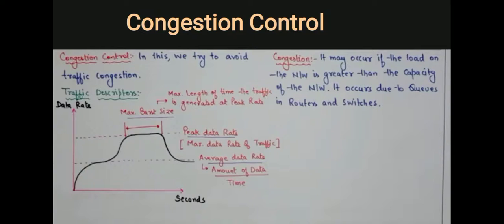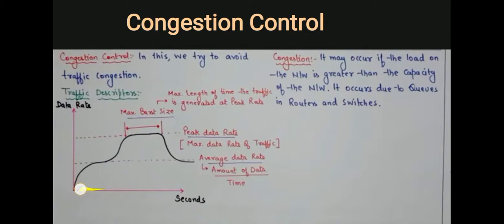We have to draw the diagram for the traffic descriptor, for which we take data rate versus seconds. Why are we taking data rate versus seconds? The number of packets transmitted over the network we call the data rate, right? So here you can notice this diagram.